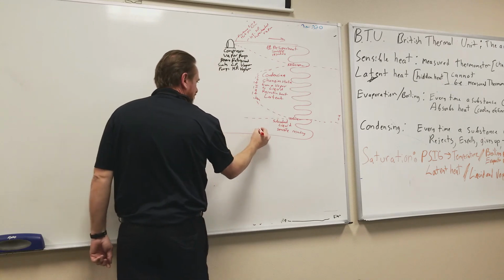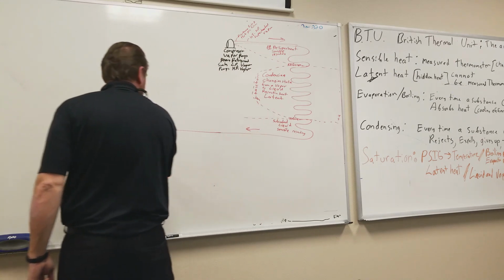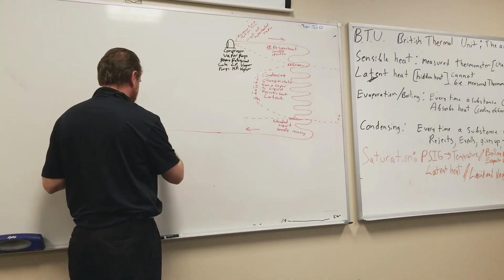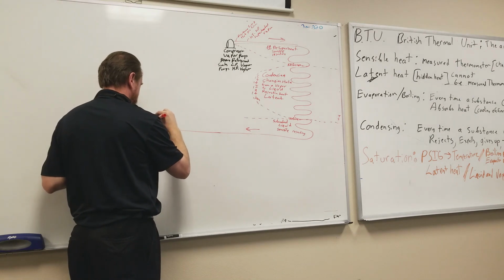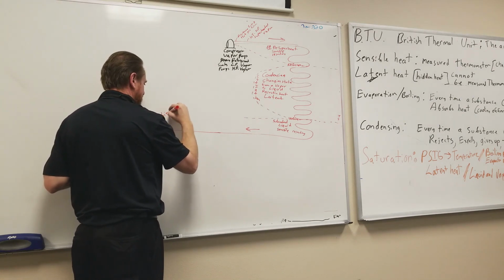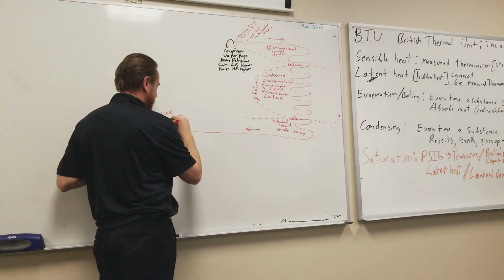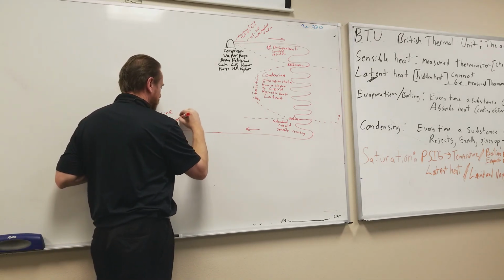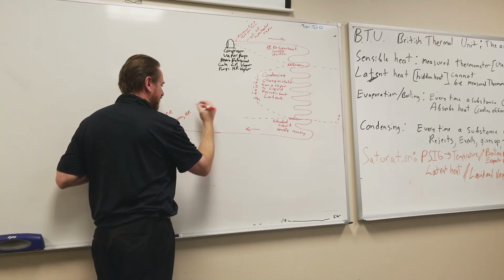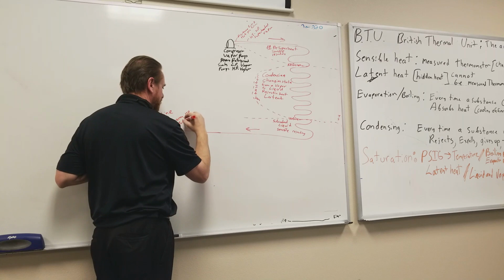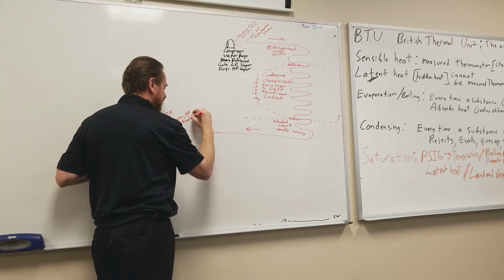Arrows. So now we're in this line right here. What's the name of this line? Liquid line. Yes. What's the state of refrigerant in this line? It's a warm, high pressure, because it's red, subcooled liquid.